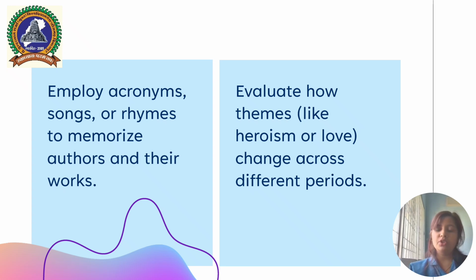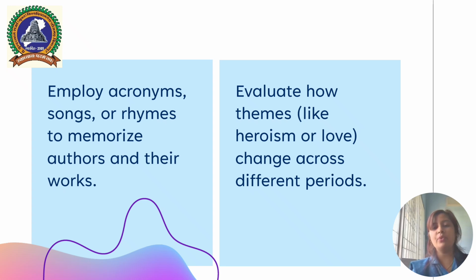You have also used mnemonics in order to understand the periodic table. Likewise, you can also employ acronyms, songs, or rhymes in order to understand the timeline of the history of English literature. It is also used to memorize the authors and their works along with their birth date, death date, the publication date of their works, and so on.